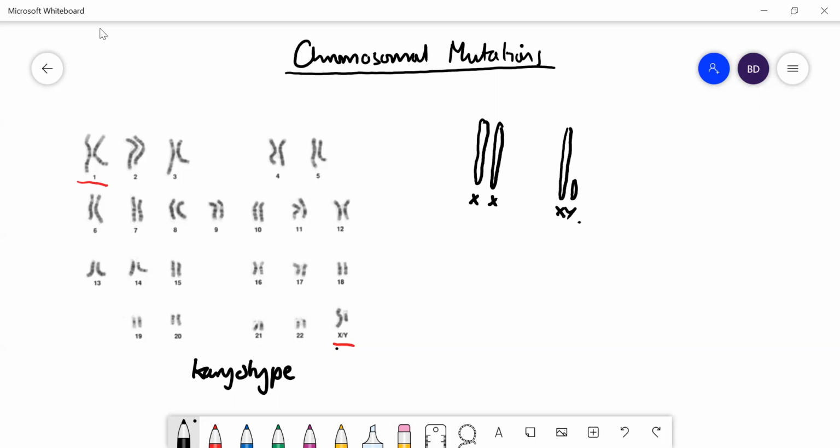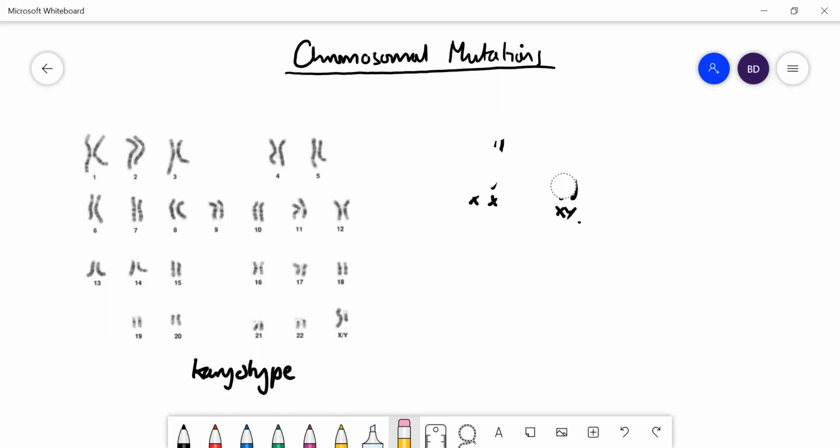If changes occur to the chromosomes, that can result in disease states, and it's called chromosomal mutation. Probably the best known chromosomal abnormality is when a person has 3 copies of chromosome 21.